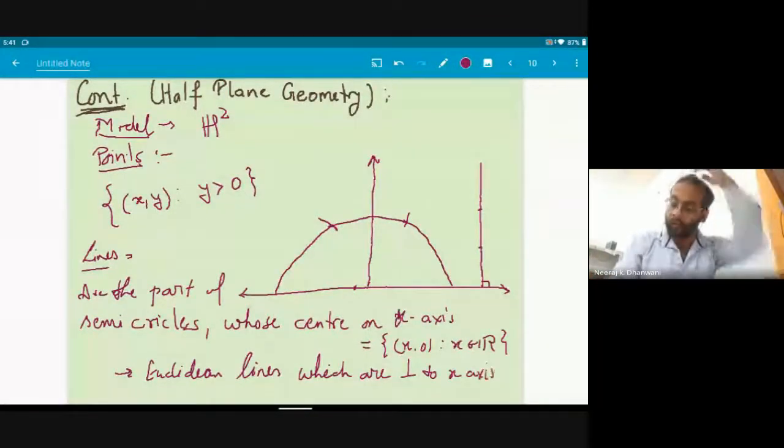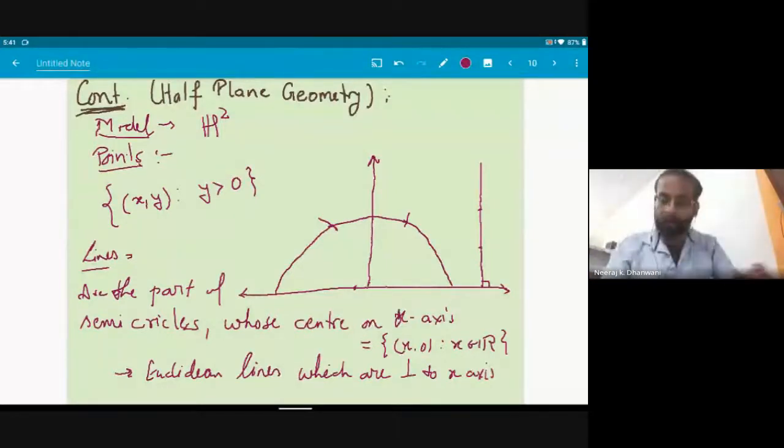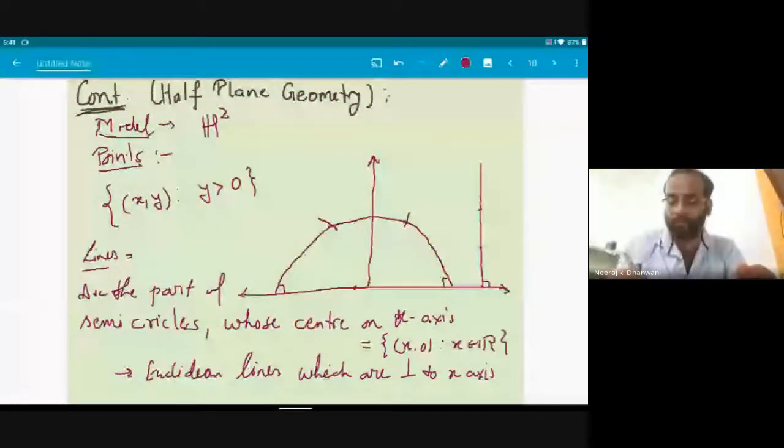And if you have done high school mathematics, it is easy to see that these circles also form a 90-degree angle with the x-axis. Why?